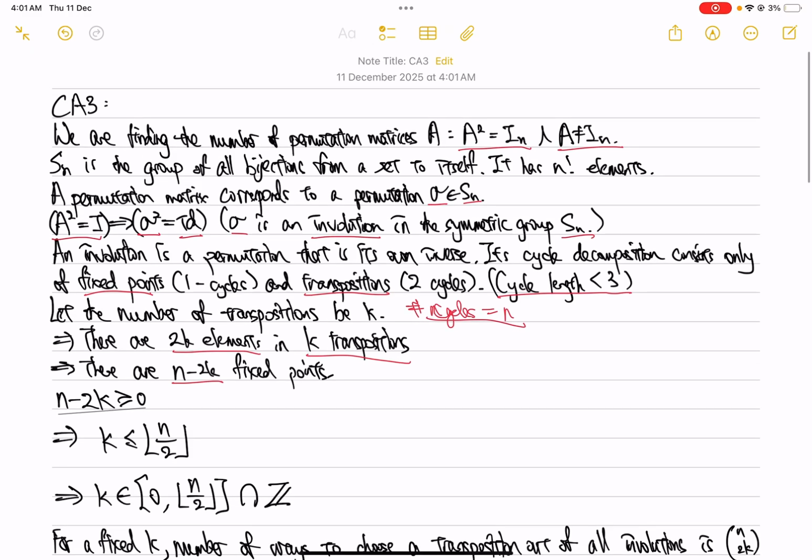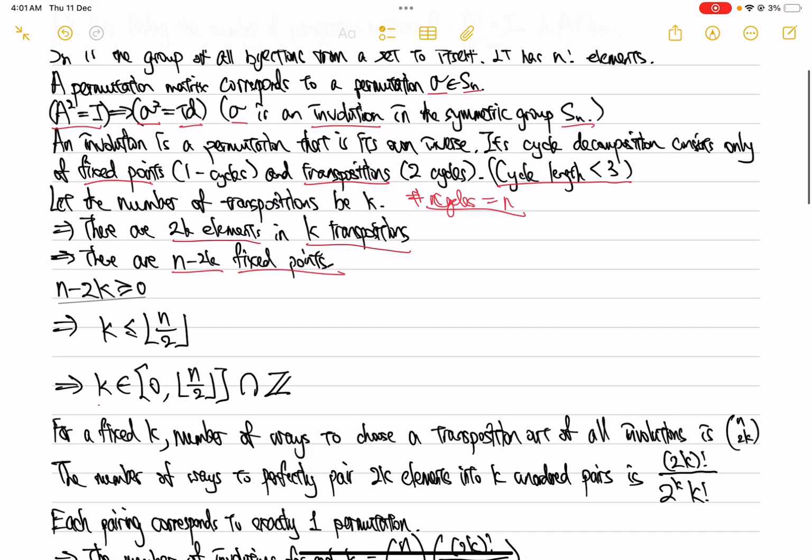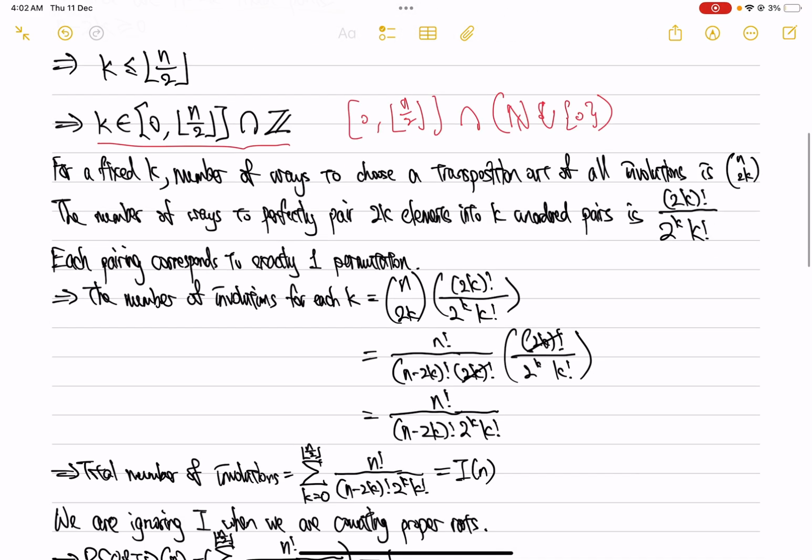Because you couldn't have a negative number of fixed points, you know that k belongs to this set. Well, more modified, it could look something like this, but it essentially works the same.